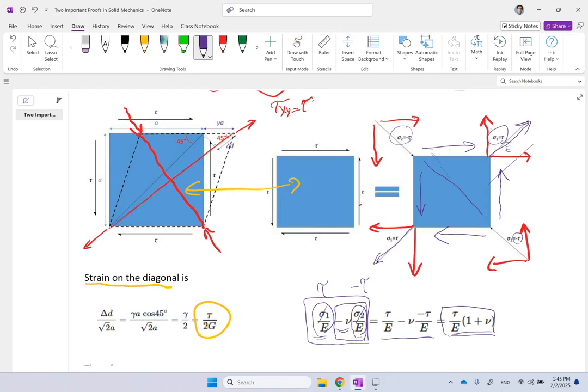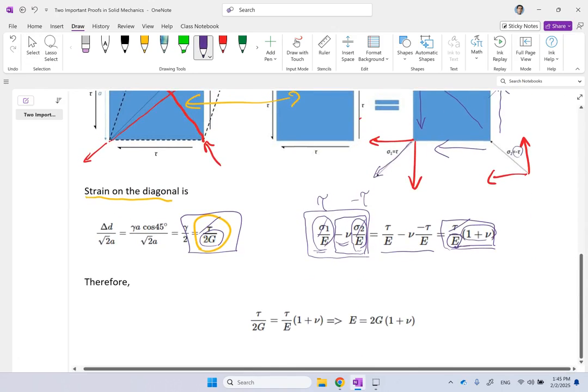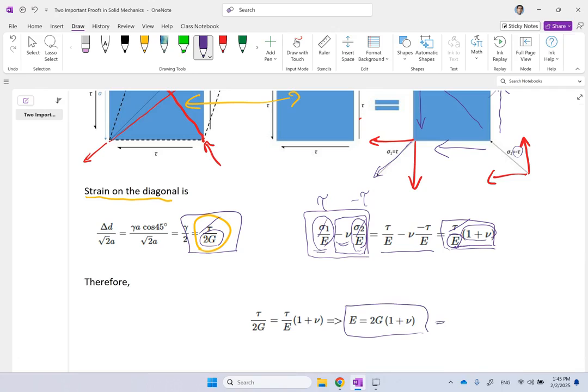Now, both of these terms are strain on the diagonal, and if they are the same, what would you get? Well, the taus cancel out. 1 plus nu over E should be the same as 1 over 2G, and clearly that means E equals 2G times 1 plus nu, or if you find G, it is going to be E over 2 times 1 plus nu.